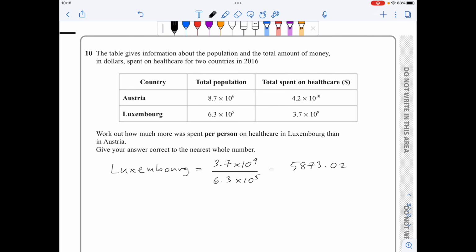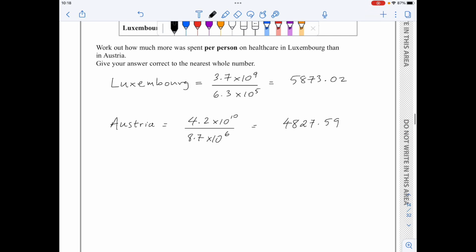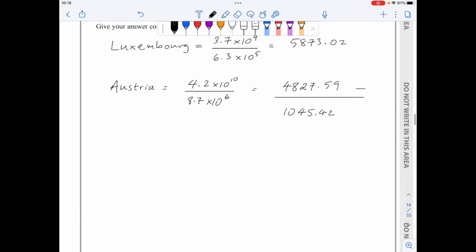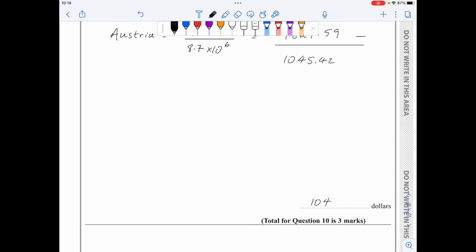Repeat for Austria, that's 4.2 times 10 to the power of 10 over 8.7 times 10 to the power of 6. This gives me 4,827.59. And if you subtract, you will get 1,045.42. And to the nearest integer, this is $1,045.